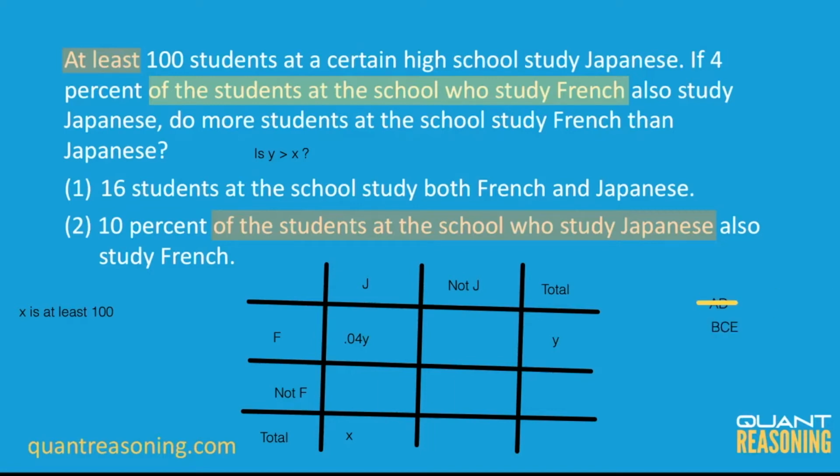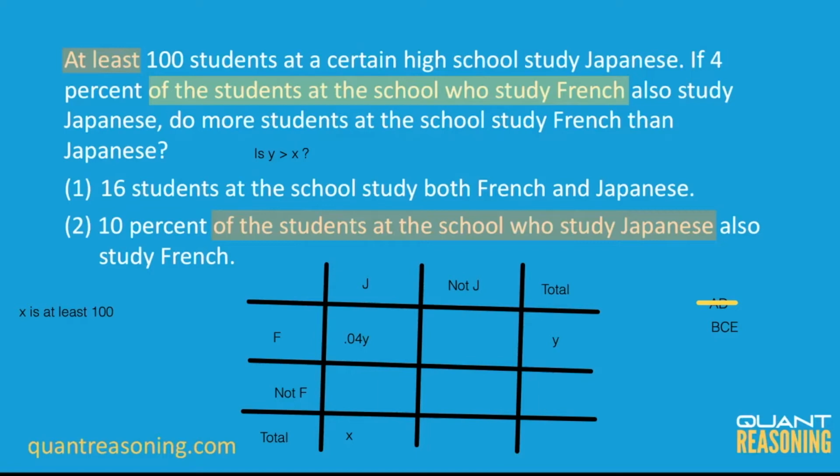So statement 2 is the more challenging one. It's telling us that 10% of the students at the school who study Japanese, so of those, of X, 10% also study French.